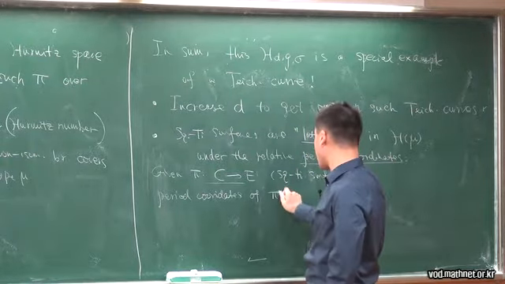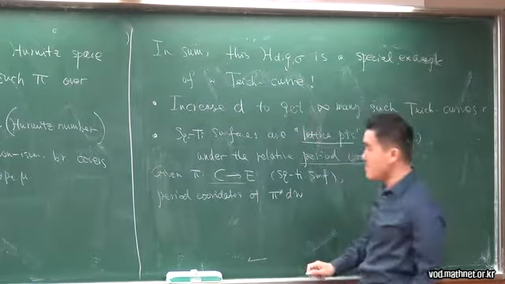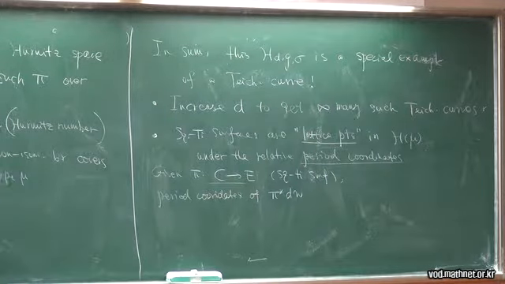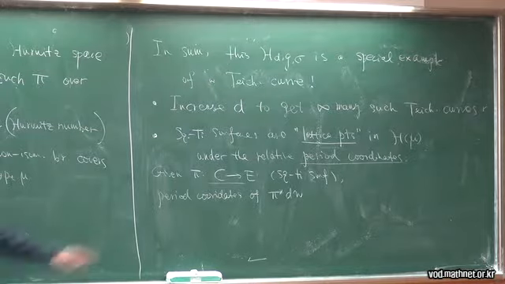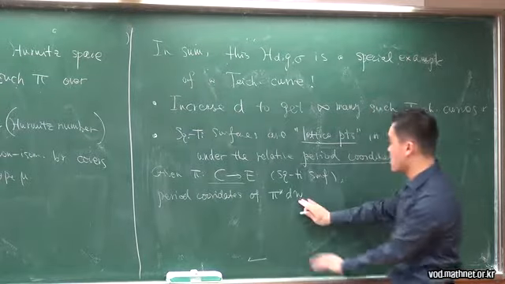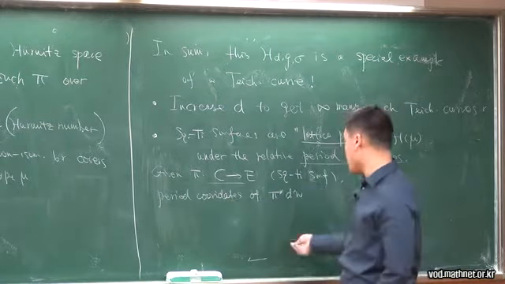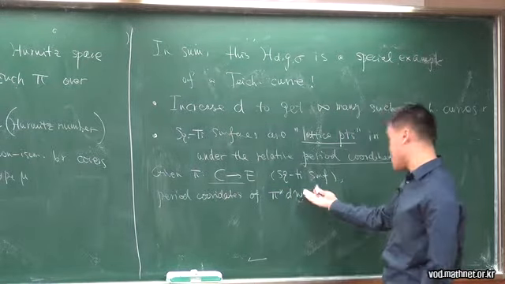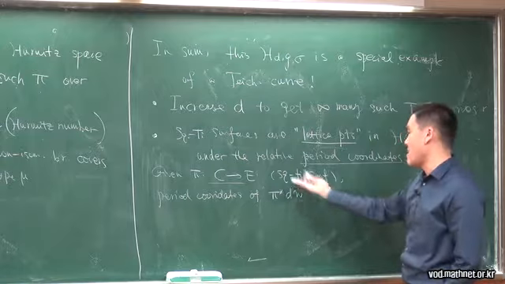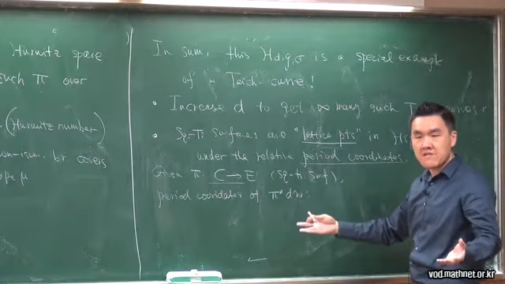It is pi pull back dW, where dW is the standard nowhere vanishing one form on E. Now we pull it back, so this is the one we consider corresponding to the square tiled surface. Now we look at its period coordinates. This is given by integration of this one form along the chosen basis of the relative period.